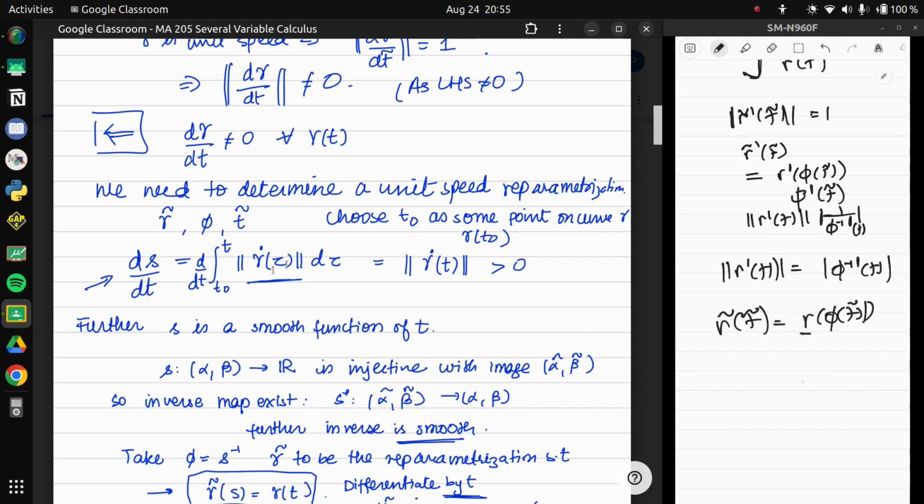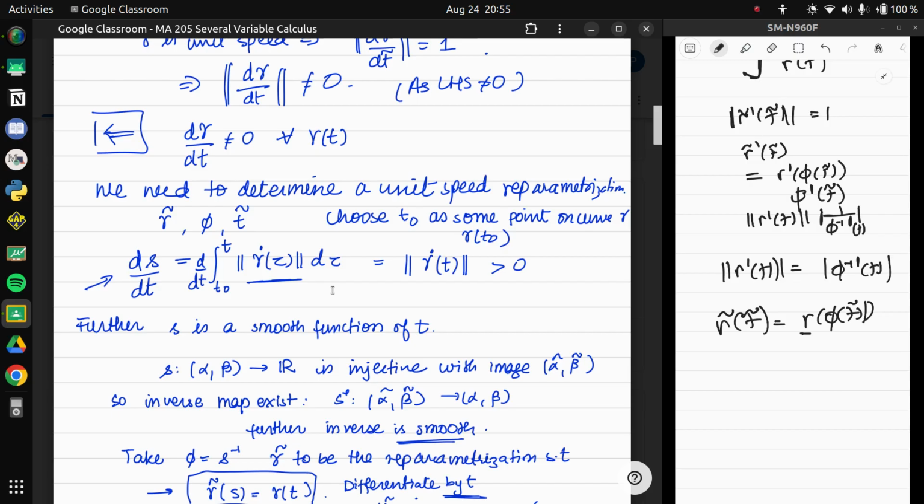You can do a very nice thing over here. Since we know that an irregular point remains irregular regardless of parameterization, a unit parameterization can never be reparameterized into something which is irregular at some point.